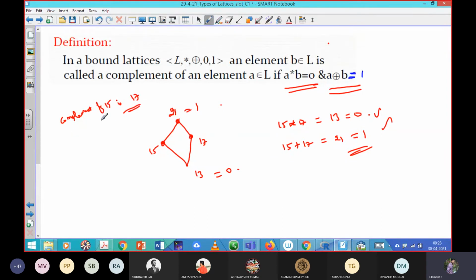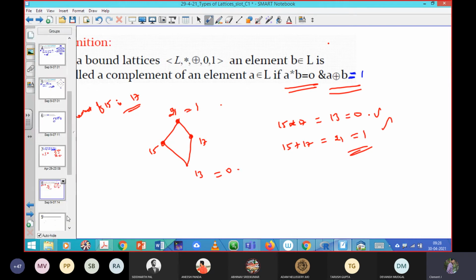Likewise, the complement of 17 is 15. Likewise you can check: the complement of 21 will be 13, and the complement of 13 will be 21. So this is the way to determine the complement. Here I have given a very simple example, but you should stick to the definition of the complement element, then only in your exam can you easily find the complement element of whatever vertices they ask you to determine.